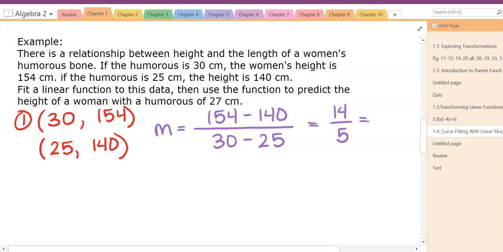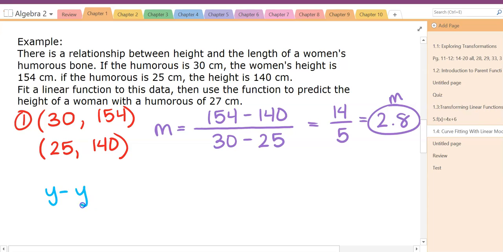What is 14 divided by 5? Good, 2.8. So there's your slope. Okay, there's m. Now we want to use this, and we want to use one of our data points, to write our equation. And we're going to start in that point slope form.